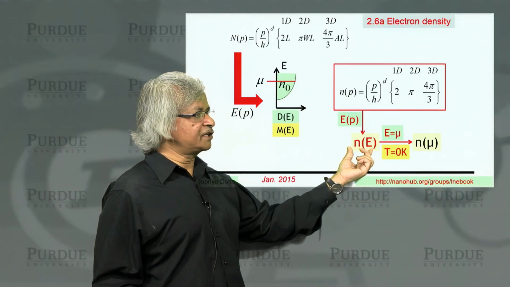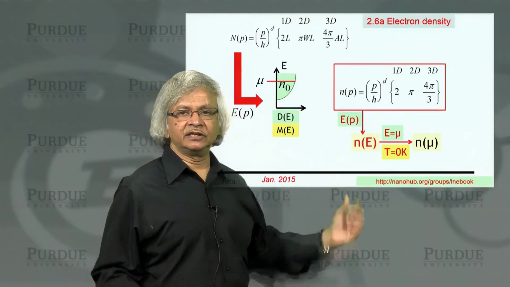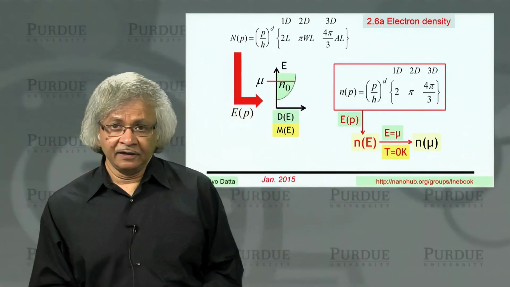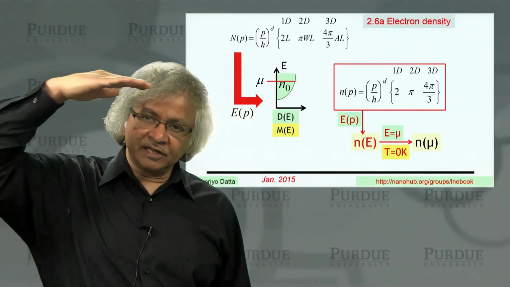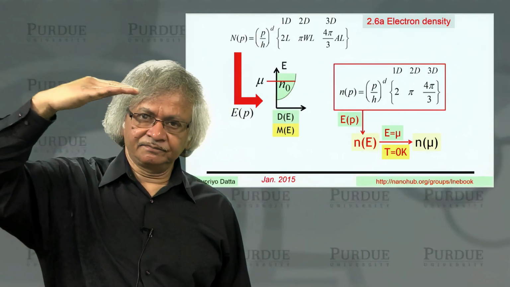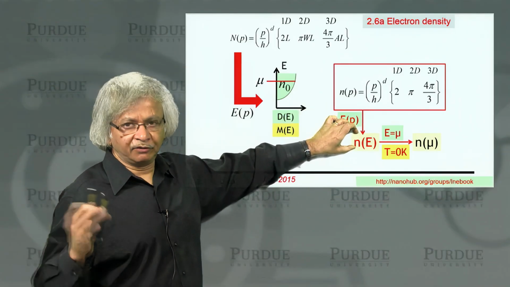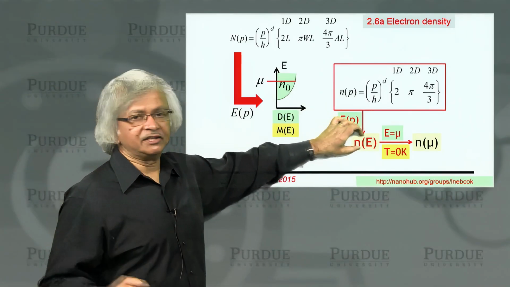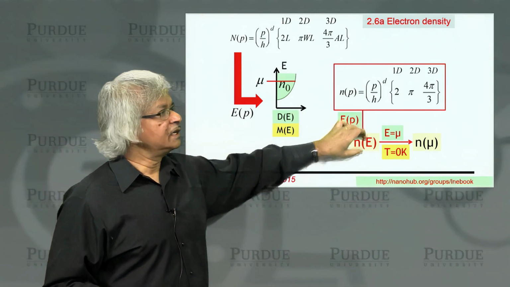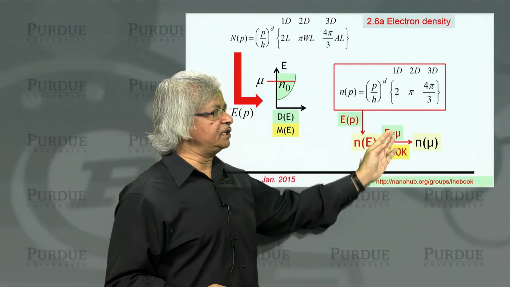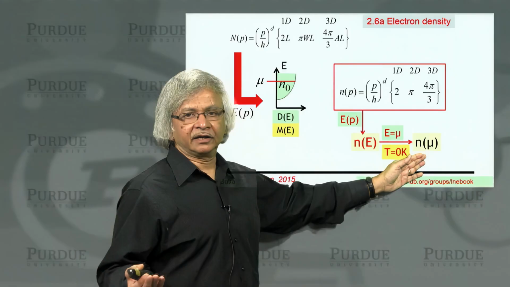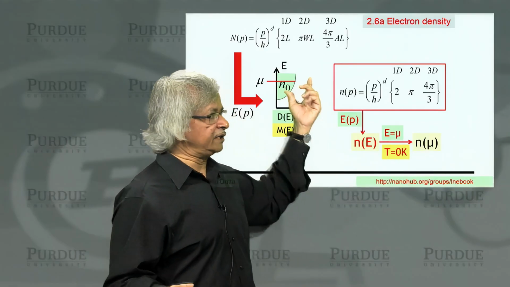So what does this function tell you? Well, it tells you the electron density you'd have if all states were filled up to E, because this tells you the total number of states per unit volume that you have whose energy is less than E. So at 0 Kelvin, if I put E equals mu, I'll get the correct number of electrons, the electron density.